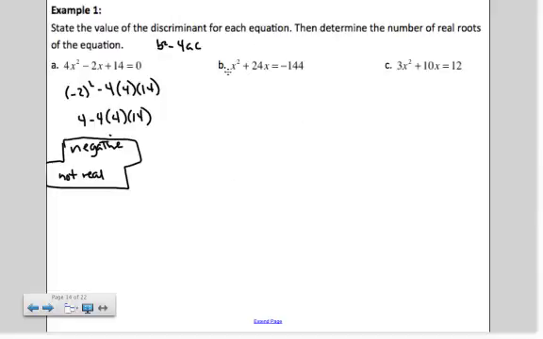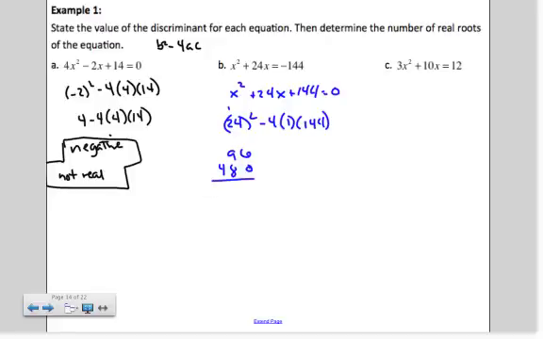All right, next one. First, I need to get it into the equation form. x squared plus 24x plus 144 equals 0. All right, b squared is 24 squared minus 4 times a times c. 24 squared is a really big number, but I'm going to square it. That's 576 minus 4 times 1 times 144, which is 576.